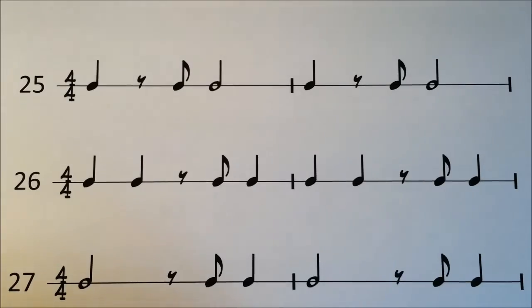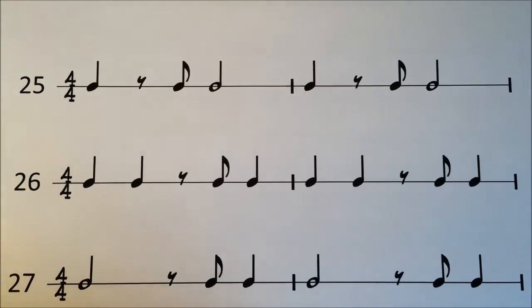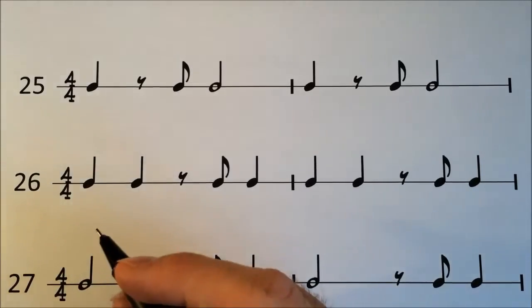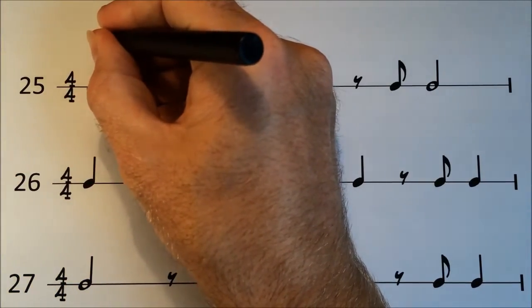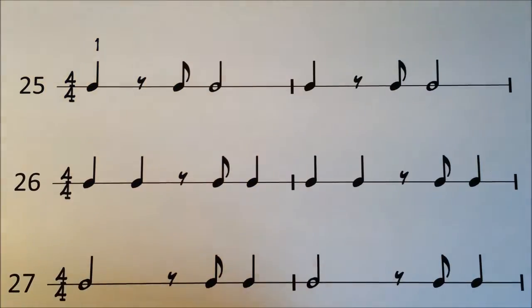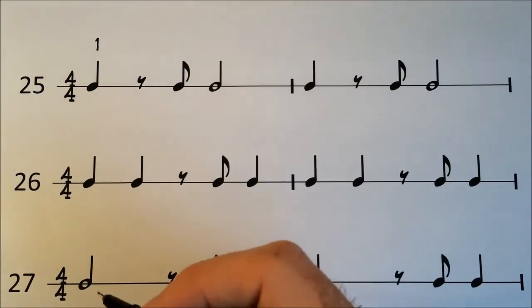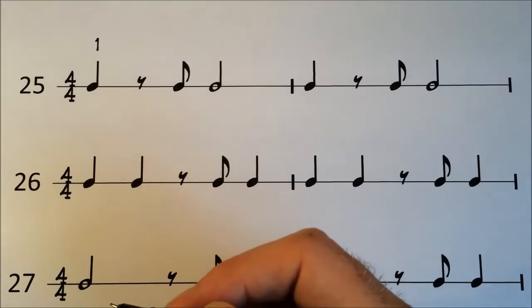Let's sort out what this rhythm would sound like, the rhythm at the top, and we'll put out some beat numbers to explore how to perform rhythms with eighth rests. We start with the first thing that you have in the bar, and that's always on beat number 1. So we'll put a number 1 on top of this first note, and we can identify it as a quarter note, which means that that covers the whole first beat.